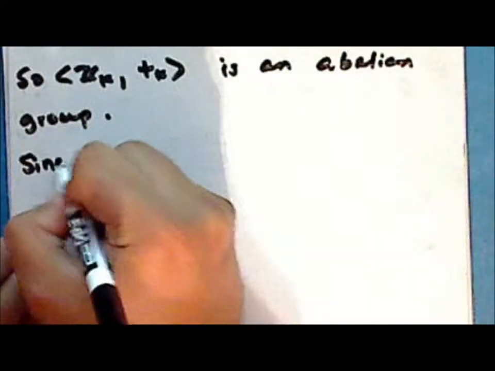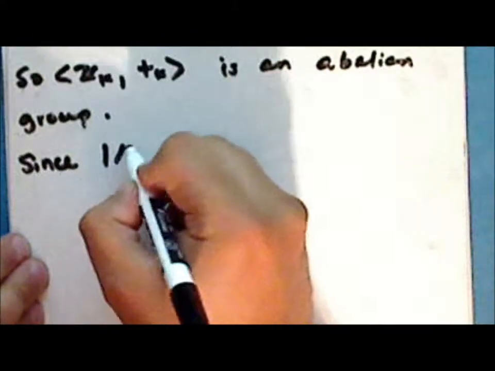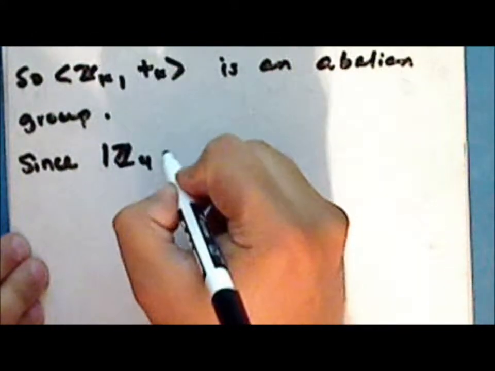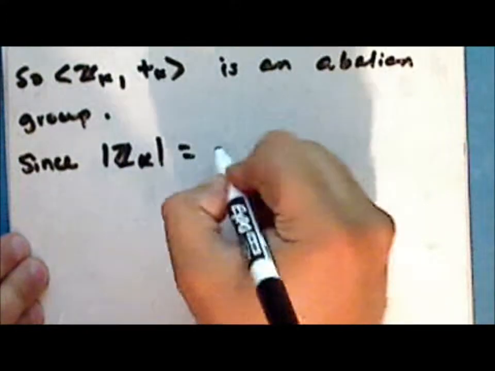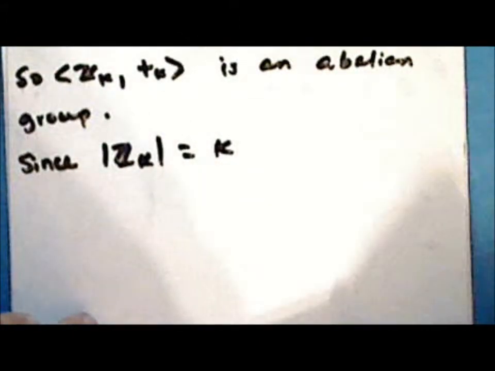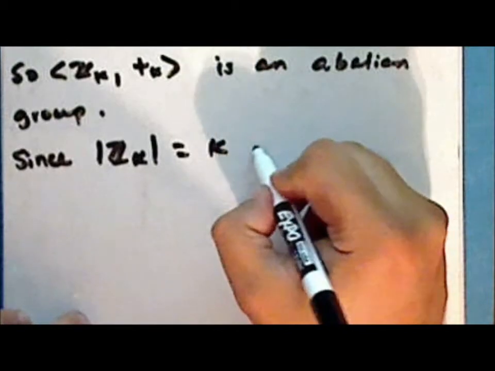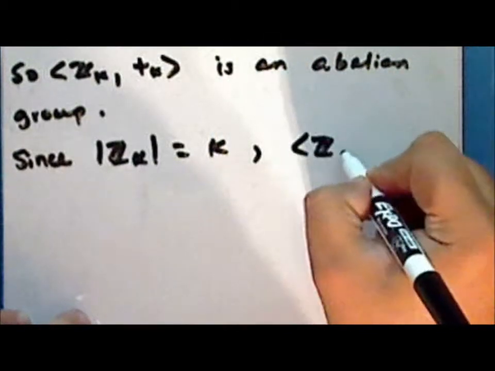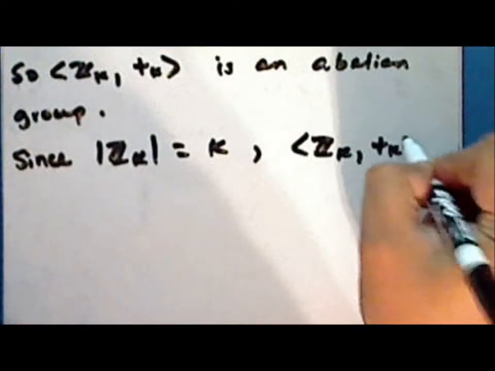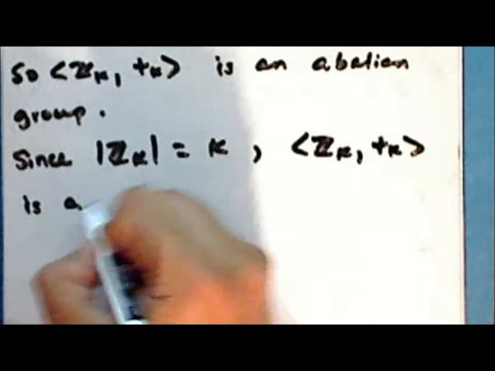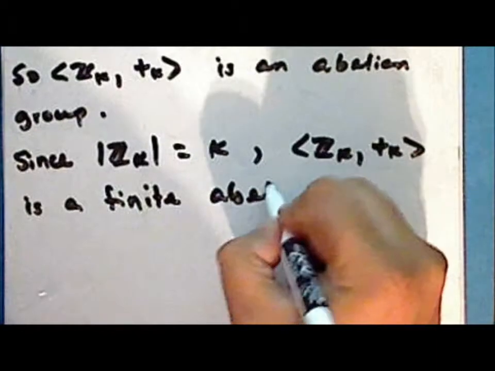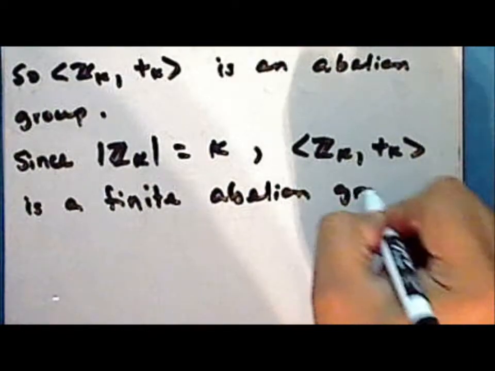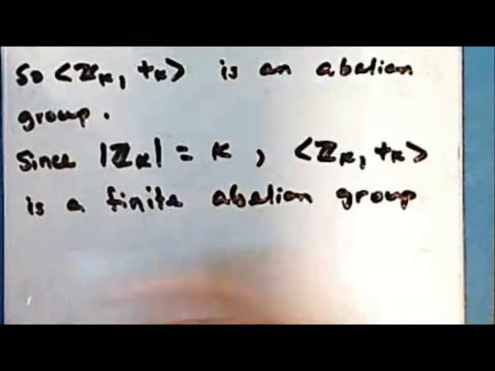Now, since the cardinality, or the order, of the set of integers modulo k is the finite number k, the set of integers modulo k together with addition modulo k is a finite abelian group of order k.